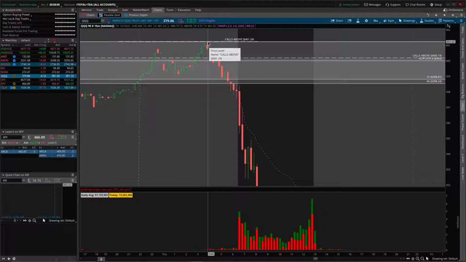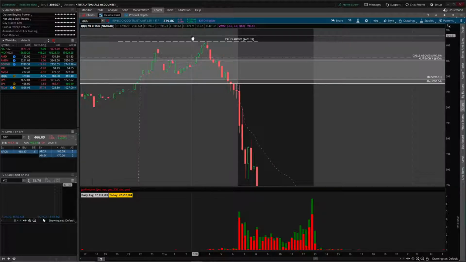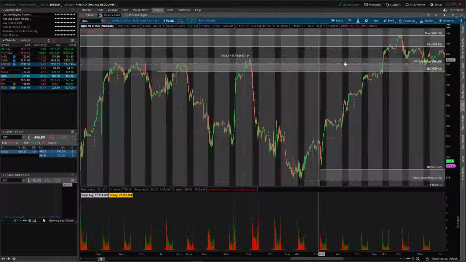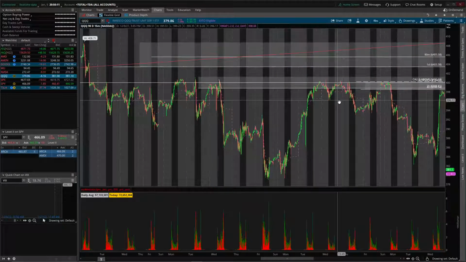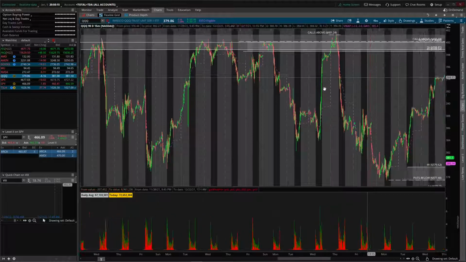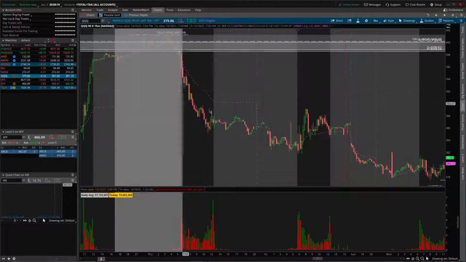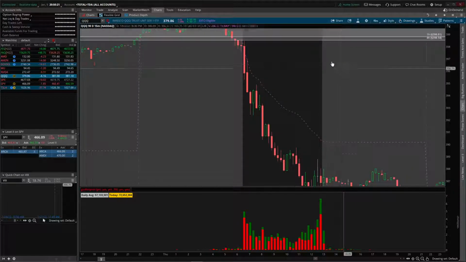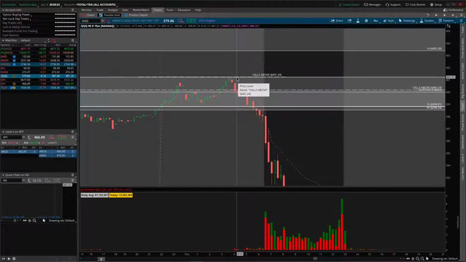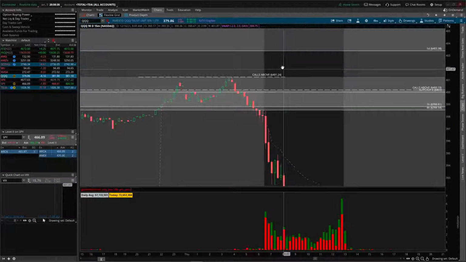This was the highest point in almost a month, I think. Let me just double check that. What is that? 11:30. Actually, more like 2 weeks. Yeah, 2 weeks. Okay. So that was the highest point that we had posted, and right now it's acting as resistance, as is the end of this demand zone, which is at 401.24.